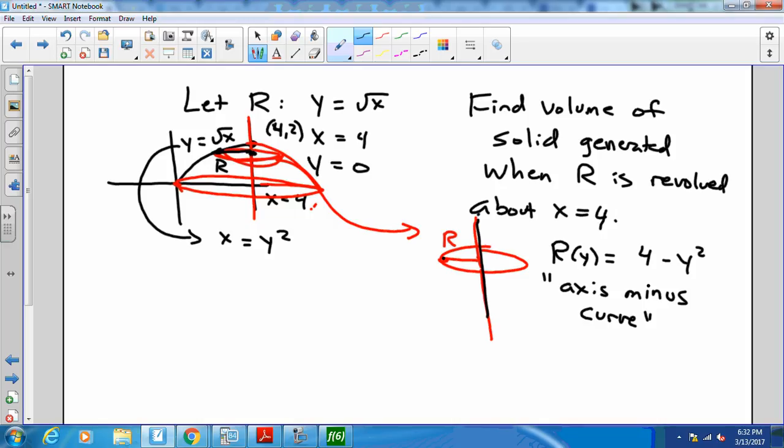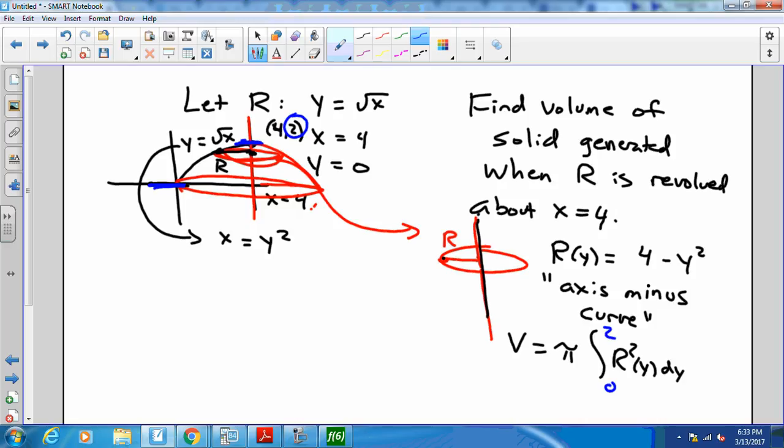But here is a nice little secret, and that is that if you are a little unsure, the squaring process will eliminate any negative sign errors. So I can always do curve minus axis, even if I end up with negative values. So the volume is going to be equal to the integral of pi r squared dy.